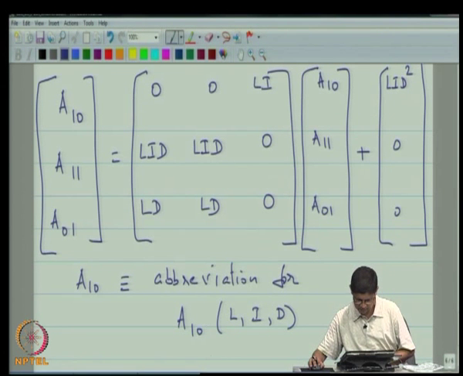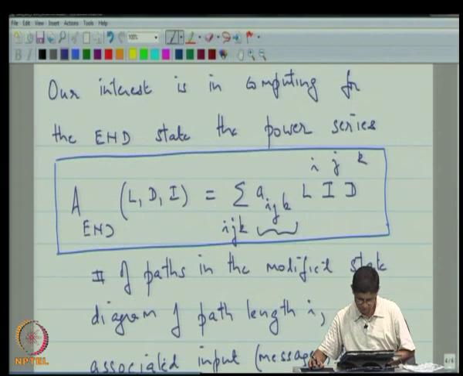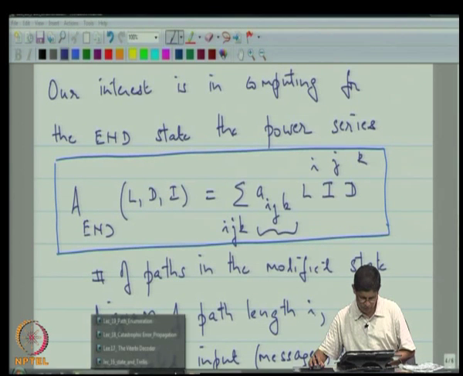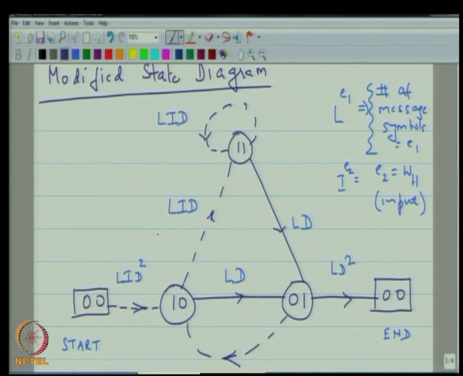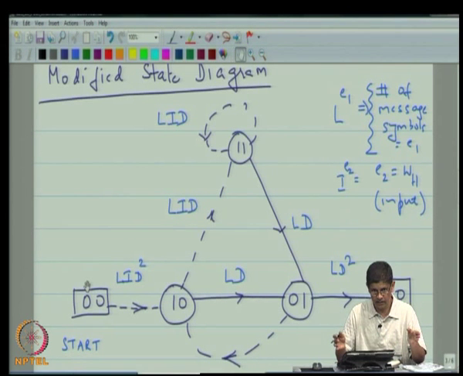So, let us go back here to the modified state diagram. For A10, we see that here is LID squared, because we assume that the generating function for the starting node is just 1, okay, because there is only a path of 0 length, 0 input weight, 0 Hamming weight going from the start node back to the start node.